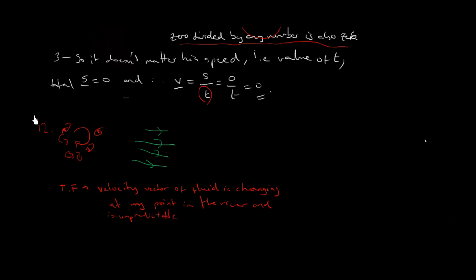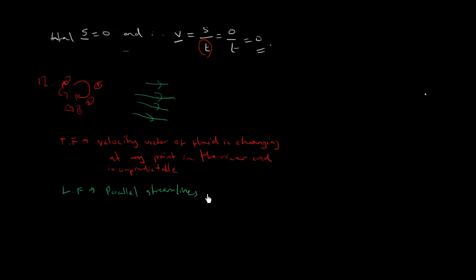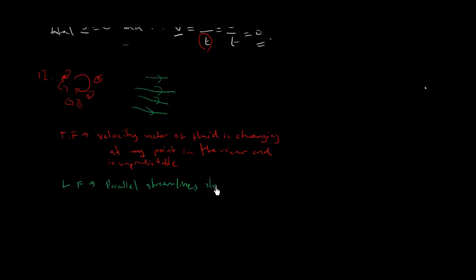Okay, well, the laminar flow, that would get you the mark for sure, and then the laminar flow has parallel streamlines showing uniform velocity vector for the fluid.